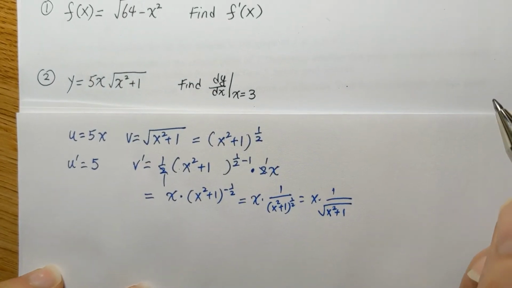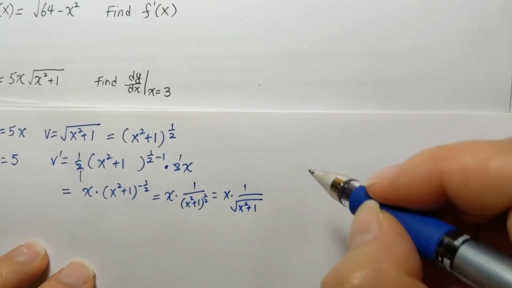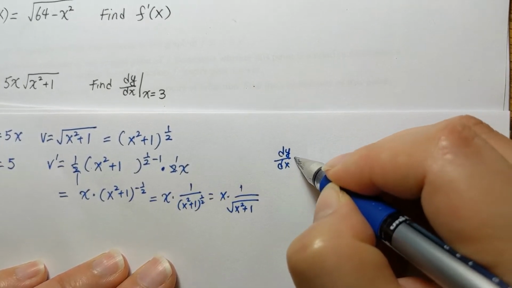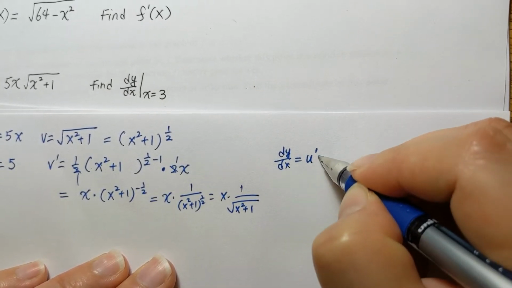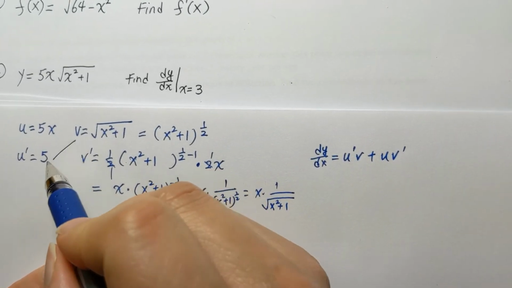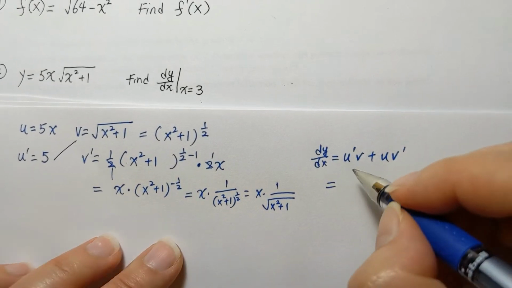Now we're going to do the product rule. So dy dx is u prime v plus u v prime. Now we do the substitution.